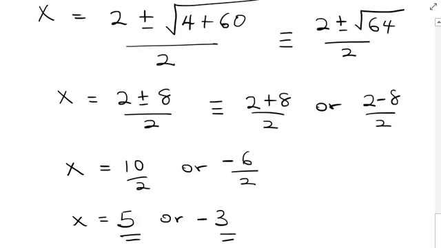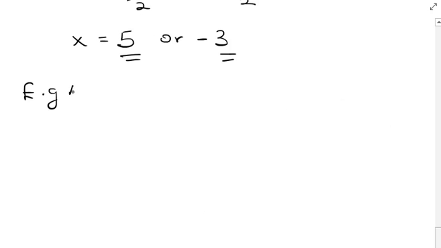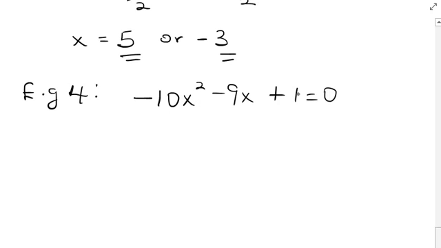The last example, example 4, we're given this equation. We can either use the quadratic formula, or we can use the other method that we did earlier on, where we multiply the A by the C and then think about what the possible solutions are.